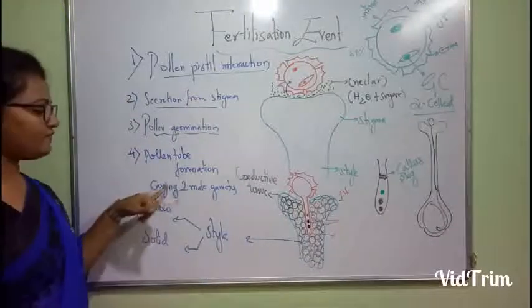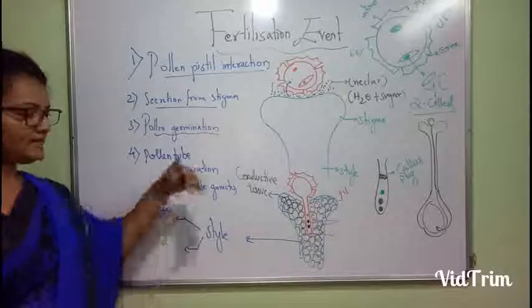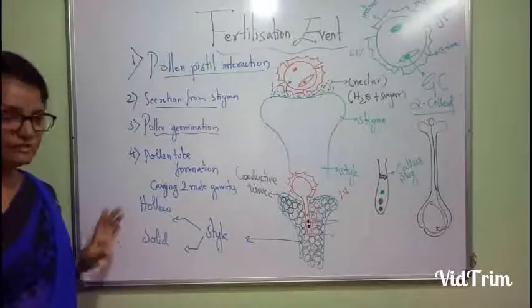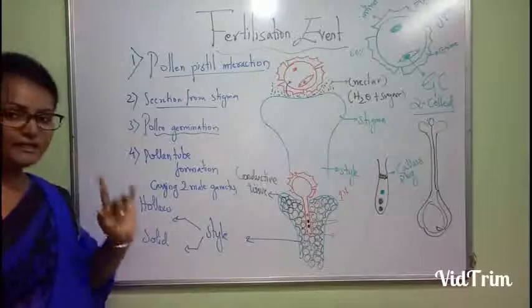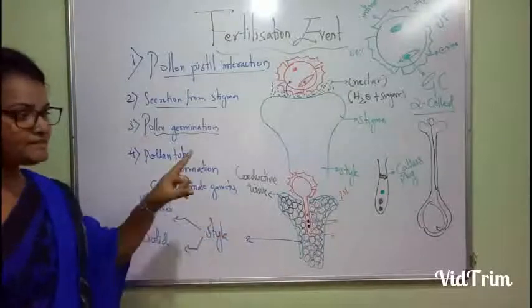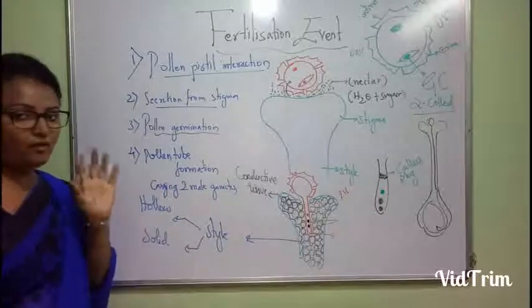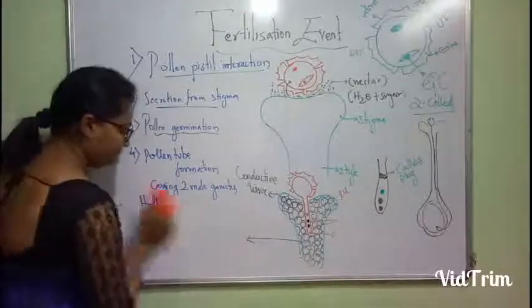So now the pollen tube formation carrying two male gametes, they are traveling into the style, which may be hollow or solid. Now the pollen tube containing the two male gametes and vegetative nucleus enters into the ovule.